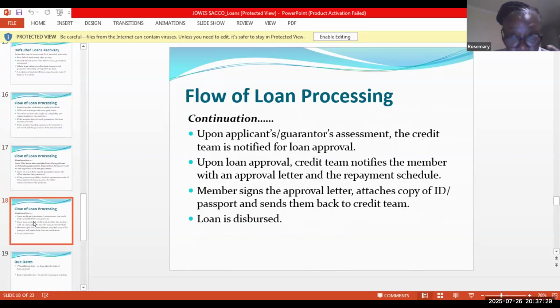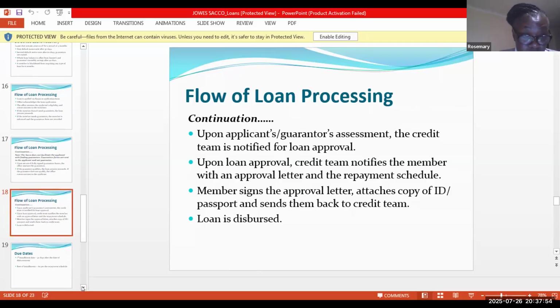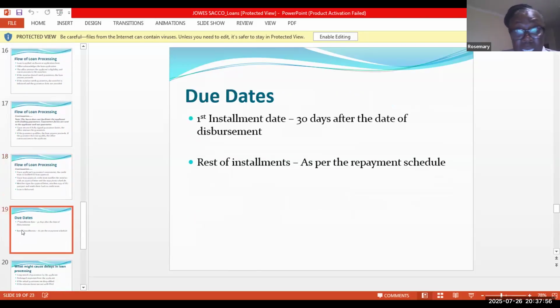Once the office sees that your guarantors are qualified and you also qualify for the loan, they send it to the credit team to approve the loan. And the credit team, once they have approved, will send you an approval letter and the repayment schedule. And then you are requested to sign the approval letter and attach your ID, and send it back to the credit team. And at that time, the loan is approved, no matter which loan it is.